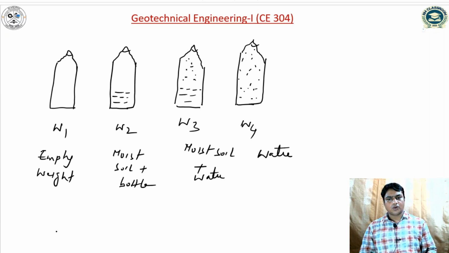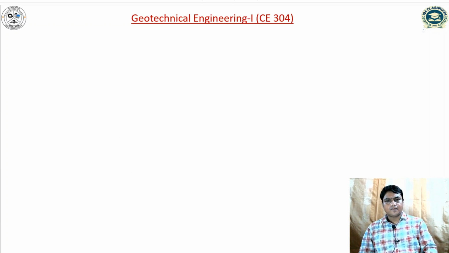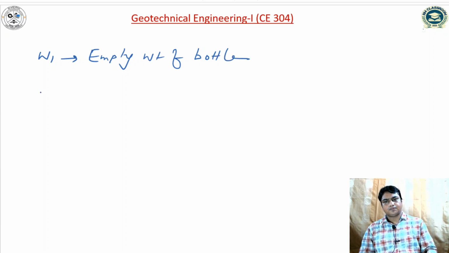So the water content, let us say W1 is the empty weight of the bottle, the picnometer bottle. W2 is the weight of bottle plus moist soil.